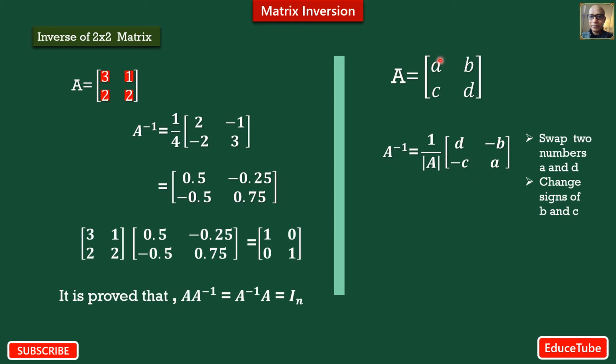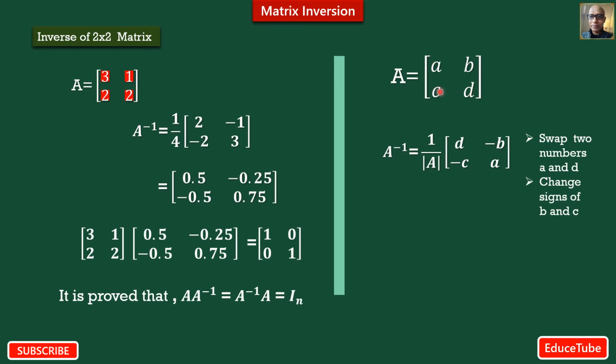What I will do is use a special technique to write this. Whenever I get any 2 by 2 matrix, right away I will swap the two numbers A and D. D I will bring here, A I will bring here.